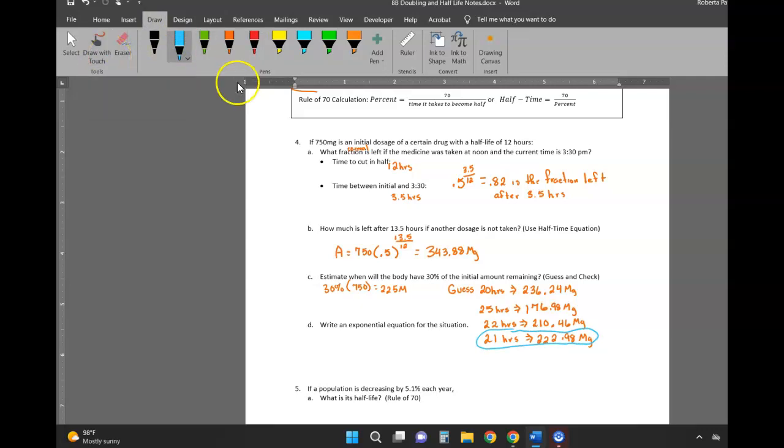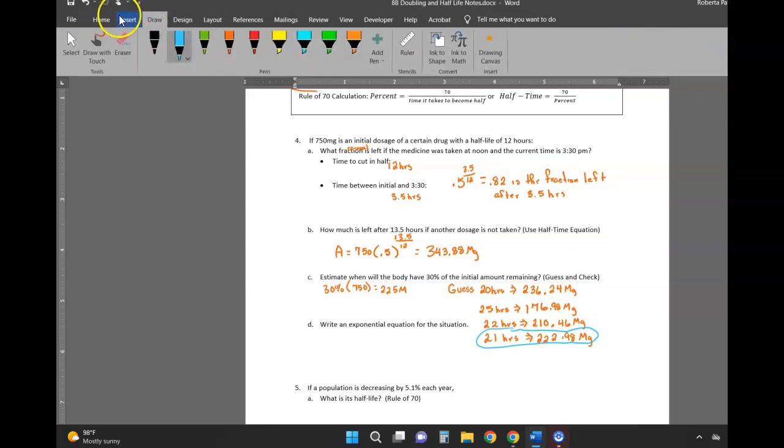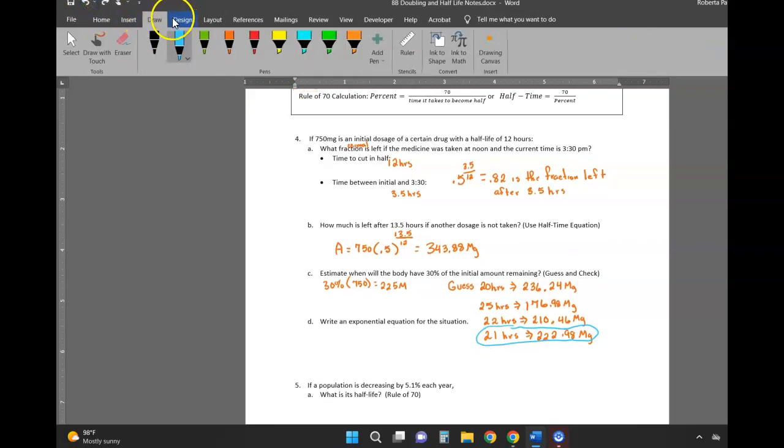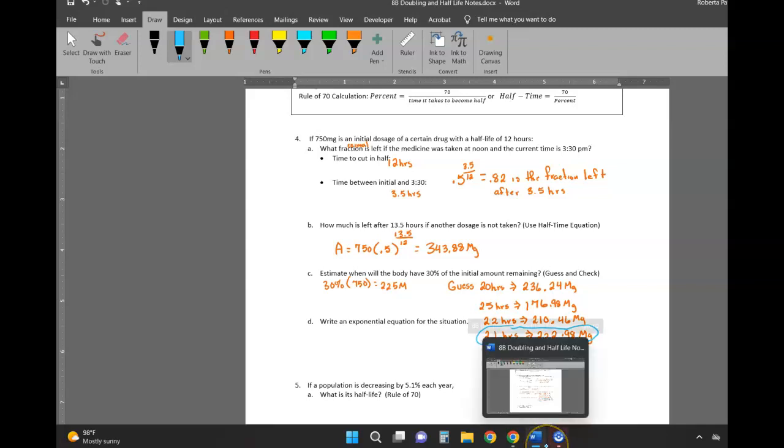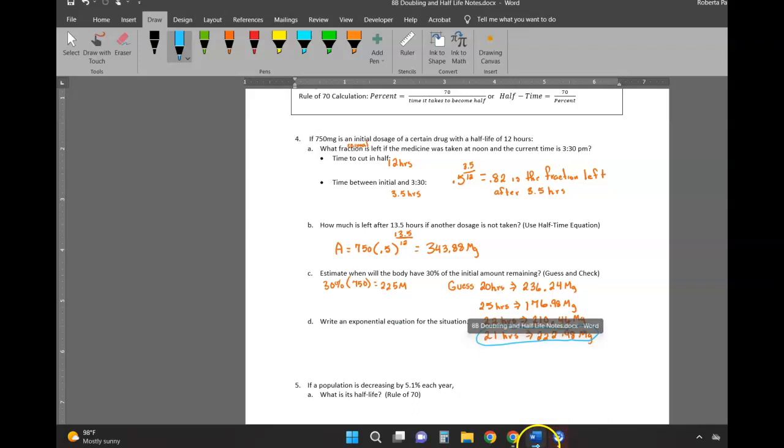So let's write an exponential function. What we don't have right now for our exponential equation is a percent of change, so we have to use the rule of 70 first. The rule of 70 gives us the percent: 70 divided by the time it takes to be cut in half. We know this is decreasing, cutting in half in 12 hours.